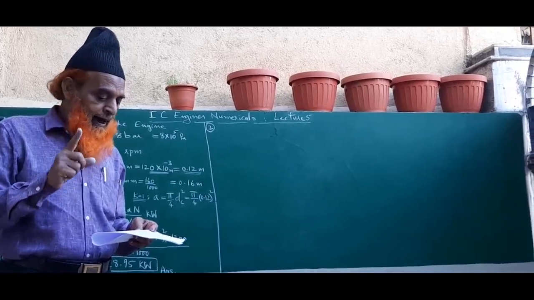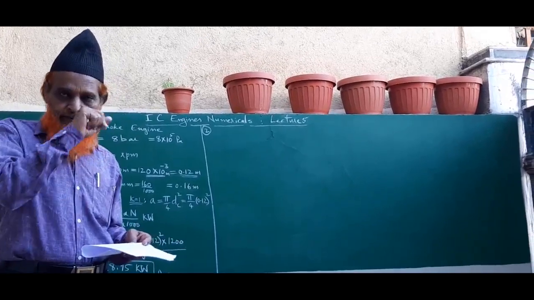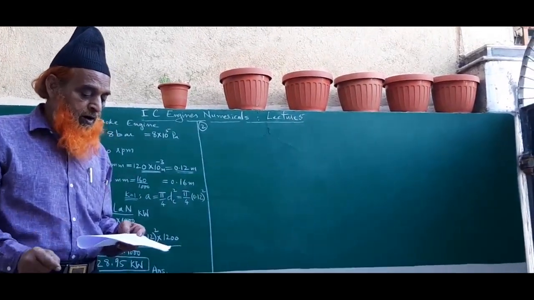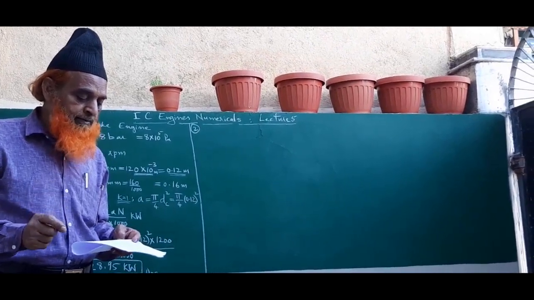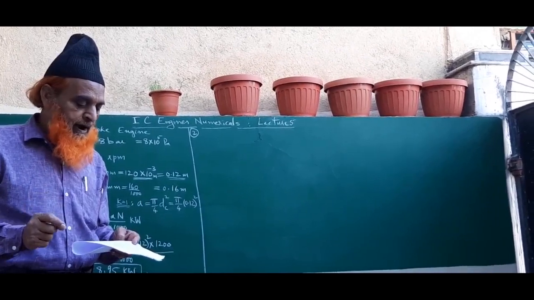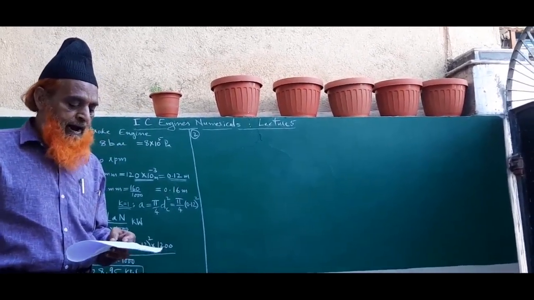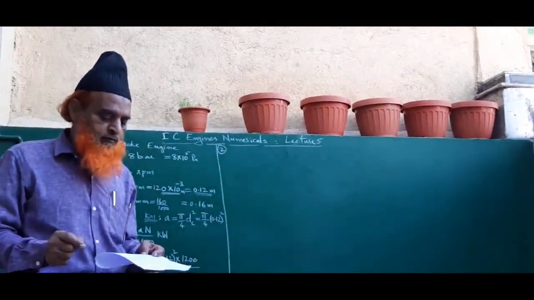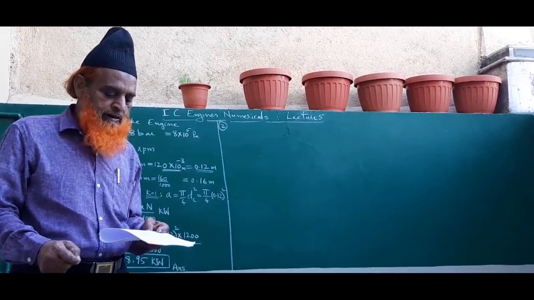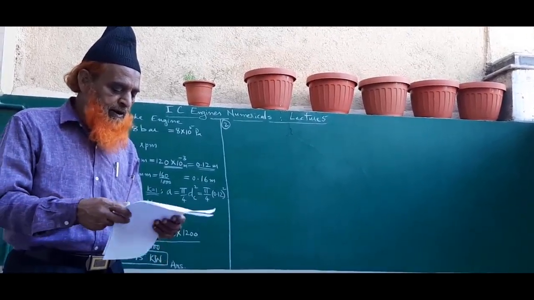Note down. An IC engine working on 4-stroke cycle has a bore dia of 110 mm and stroke length of 120 mm. Is running at 480 RPM.